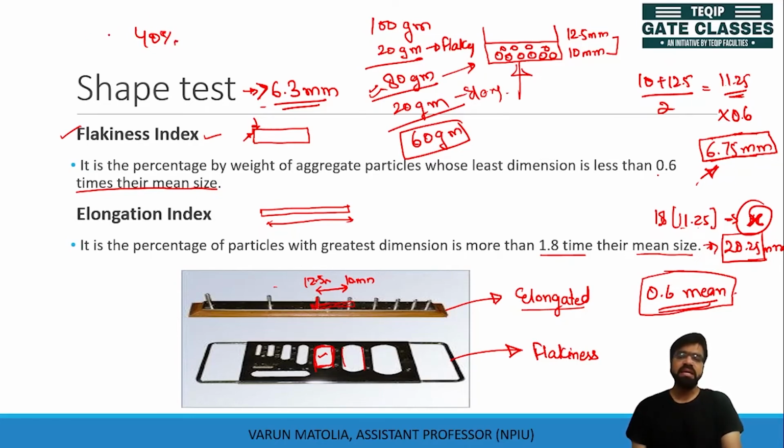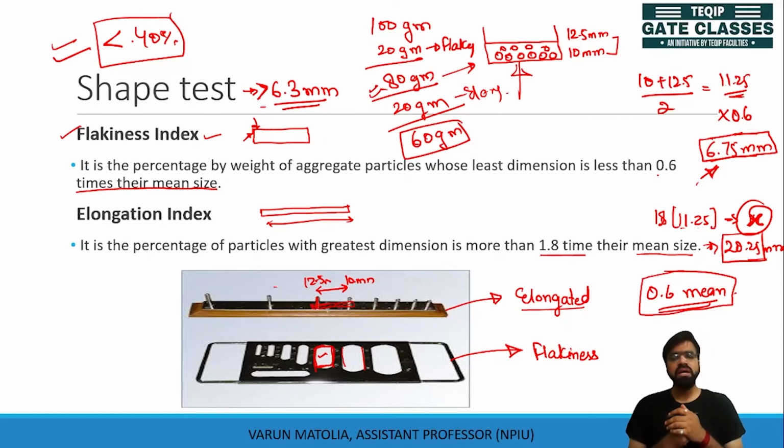And for better pavement condition, the value should be less than 40%. So for pavement aggregates, the combined flakiness and elongation index value should be less than 40%. So this is your shape test.